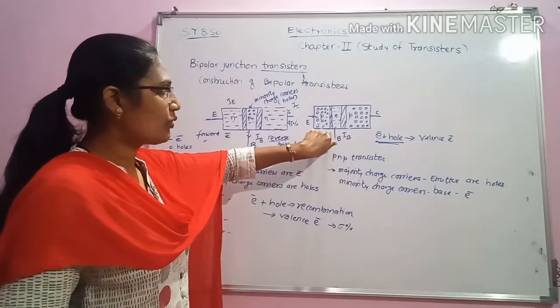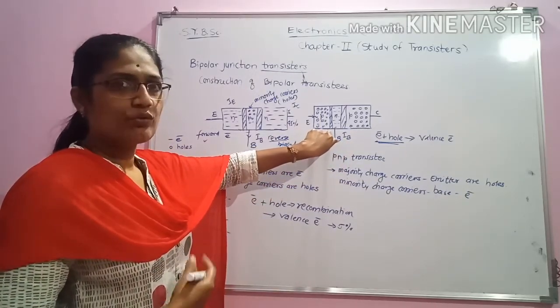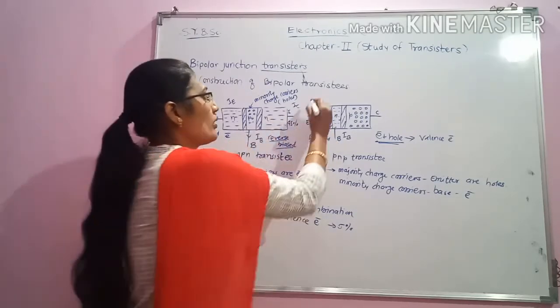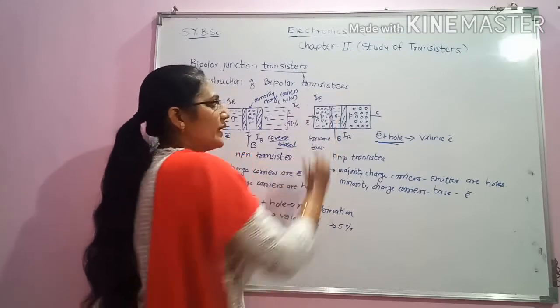Due to the migration of holes, there will be the generation of current in the emitter section of the transistor, and that is called emitter current IE.